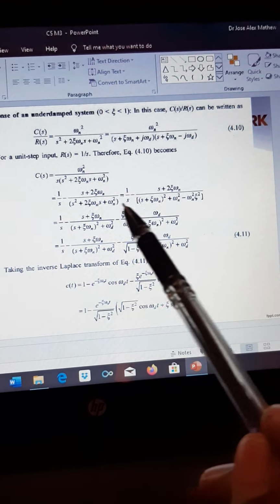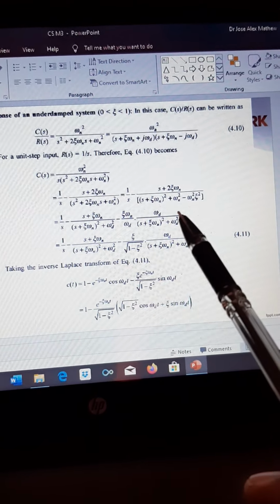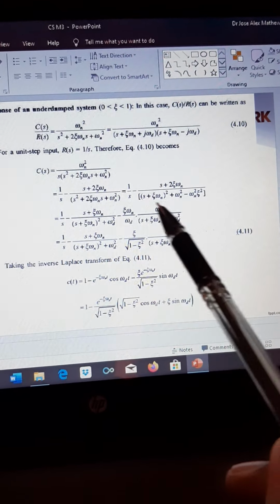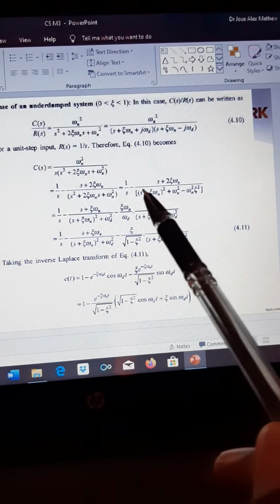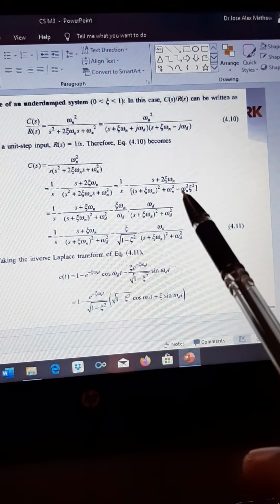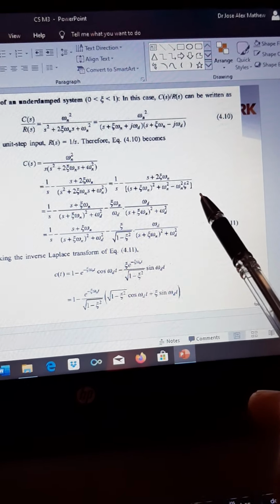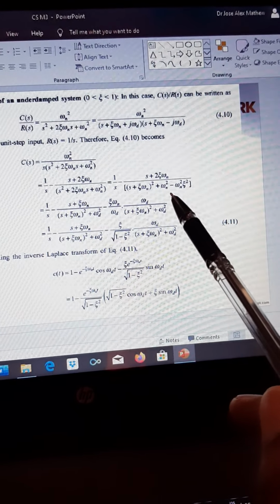Whatever extra term appears when you write this should be compensated. So you get omega n square as it is, and the extra term, omega n square psi square, is to be removed.